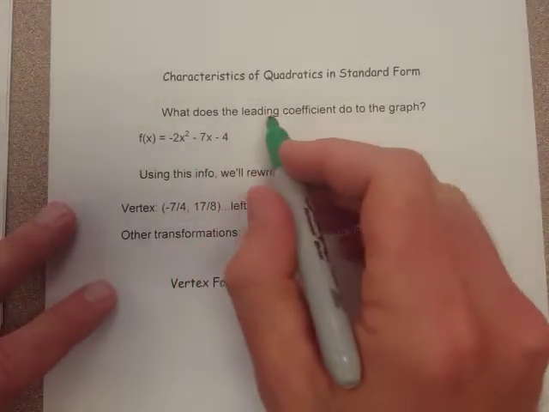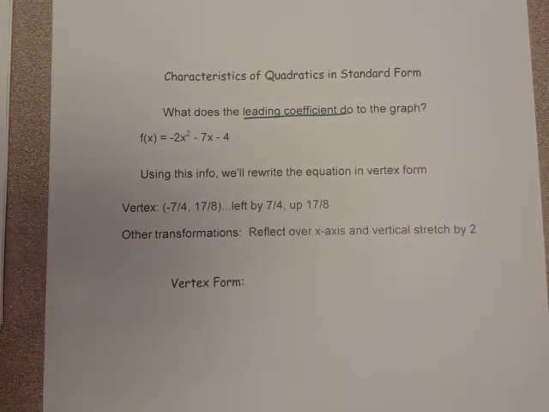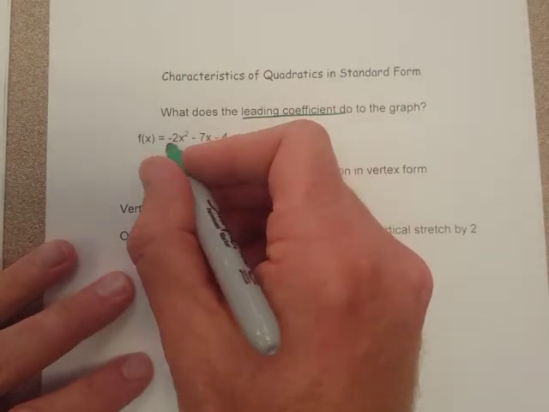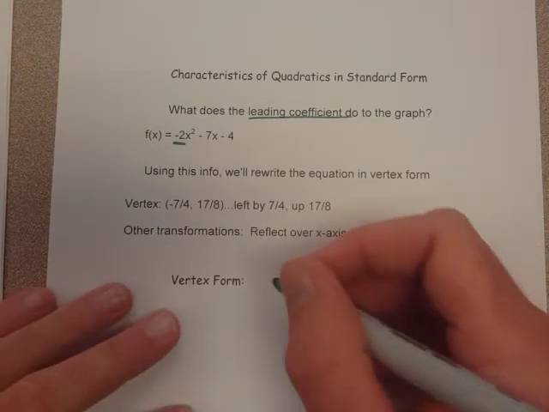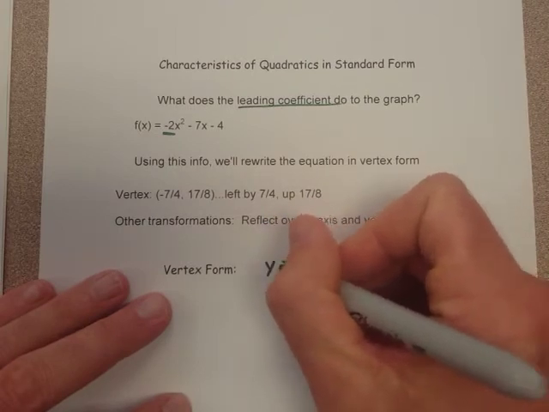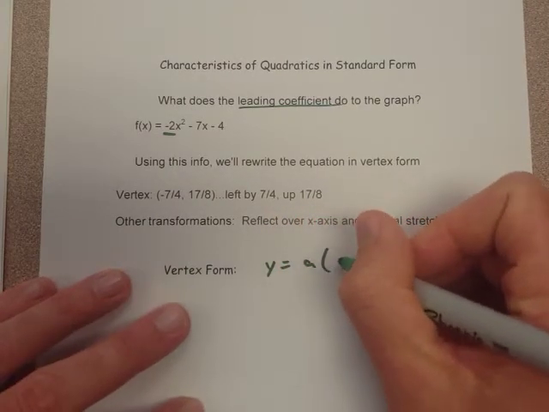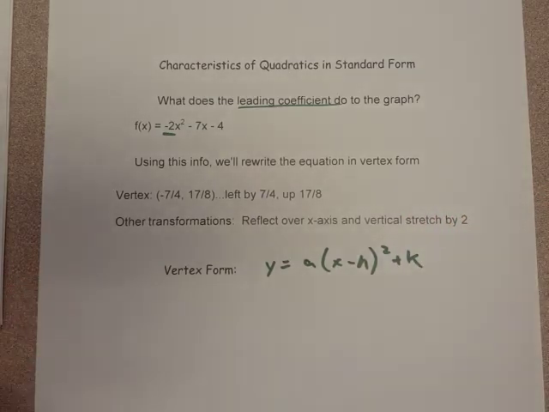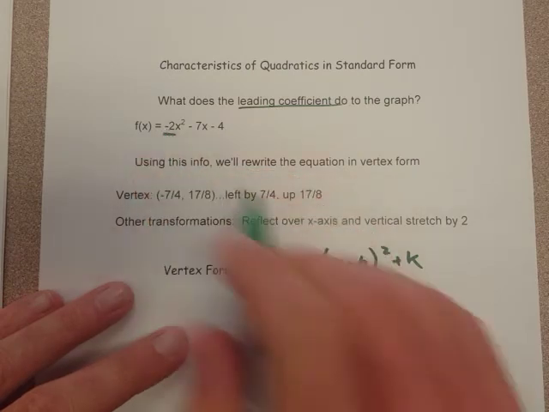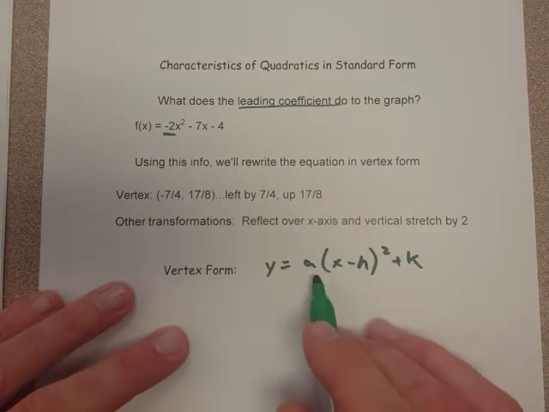We need to look at the leading coefficient of this standard form, and that leading coefficient is negative 2. The nice thing is that when we put it into vertex form, so vertex form is y equals a times x minus h squared plus k, we can now use this negative 2 as the same a right here.